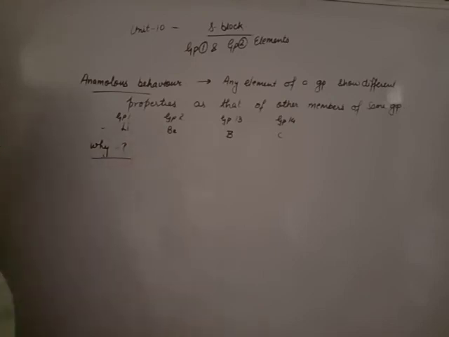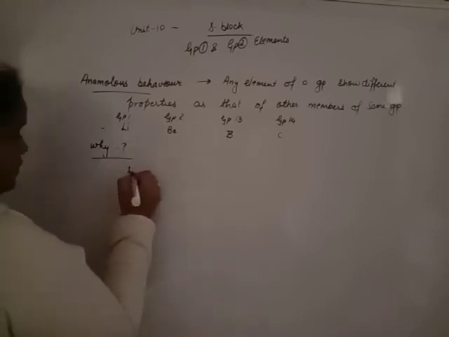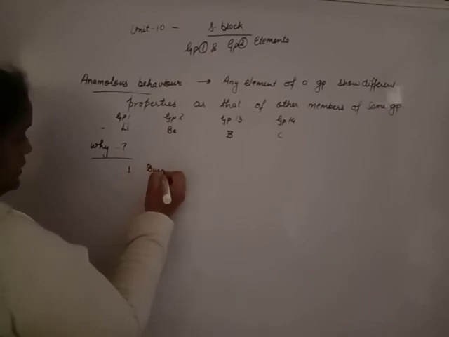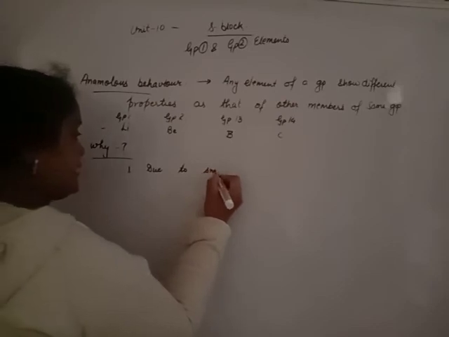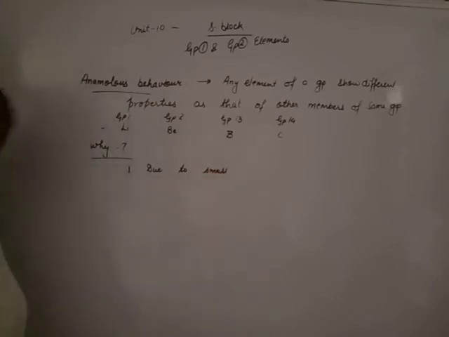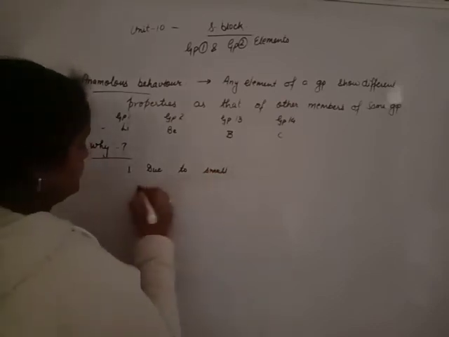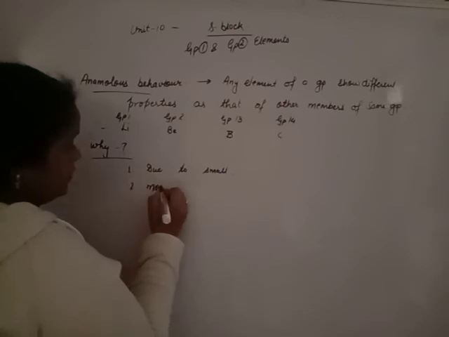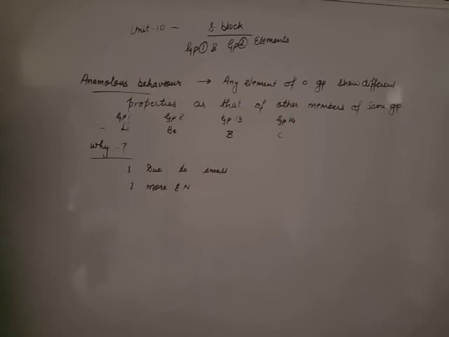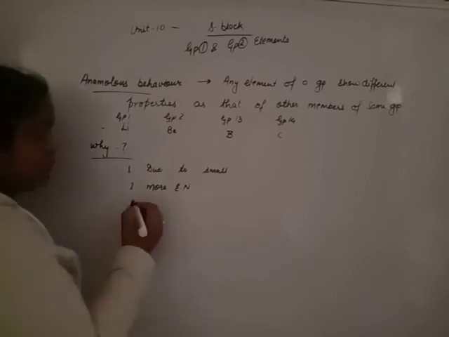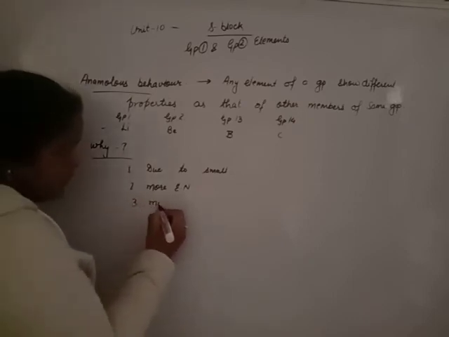Answer, due to small size. The first element is smaller in size. If size is small, it is more electronegative. And it is difficult to remove an electron from a smaller atom, that means more ionization enthalpy.